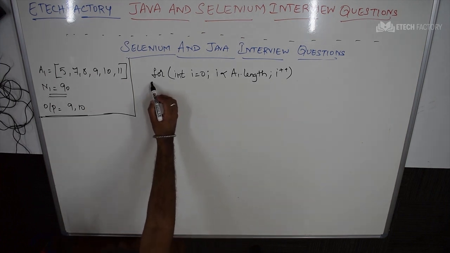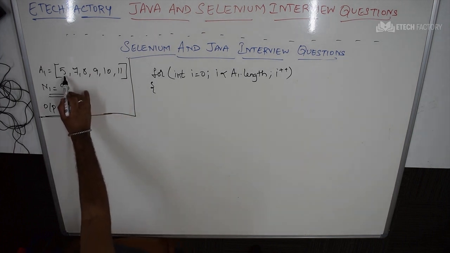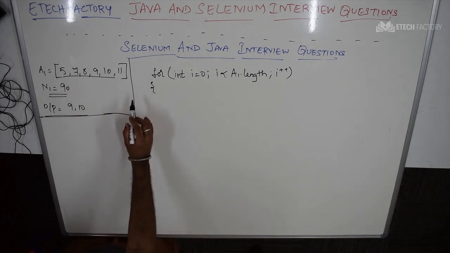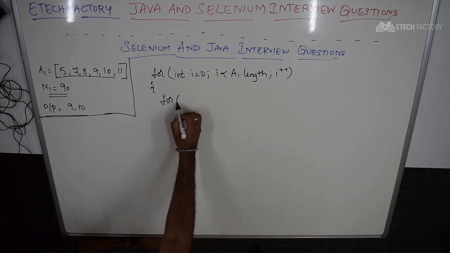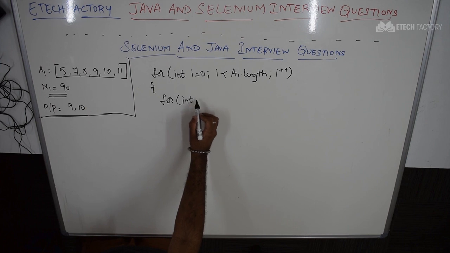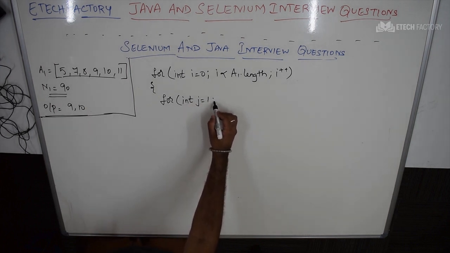The first loop opens up here, and now I have to iterate over this array. I just need two for loops for the same, so I'm going to create one more for loop with another integer inside it, initialized as int j equals 1.